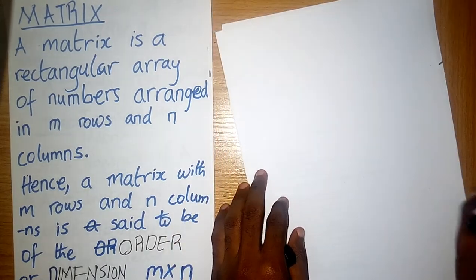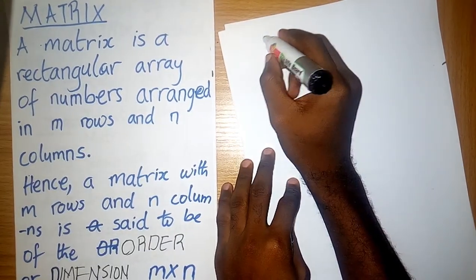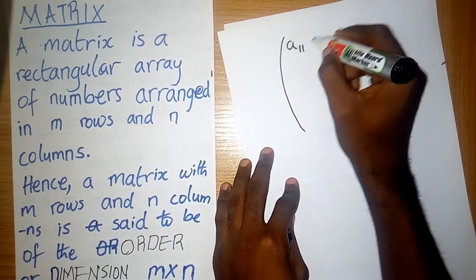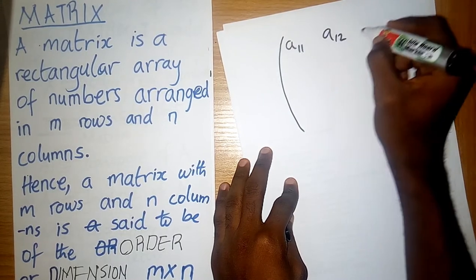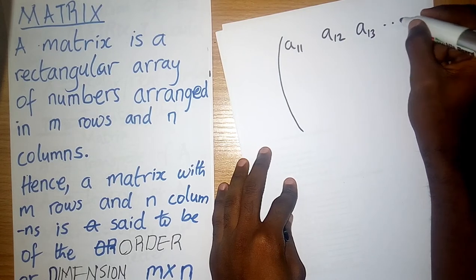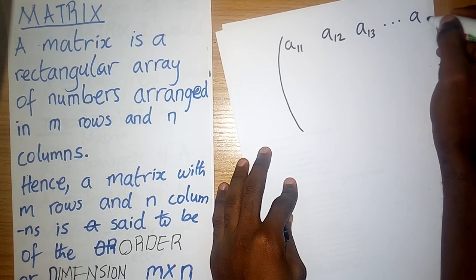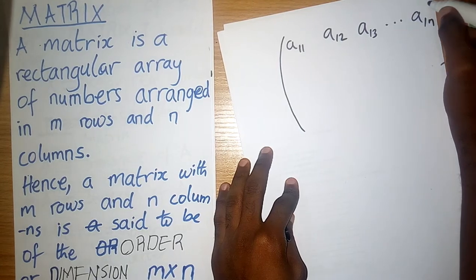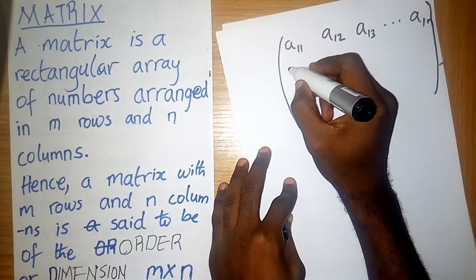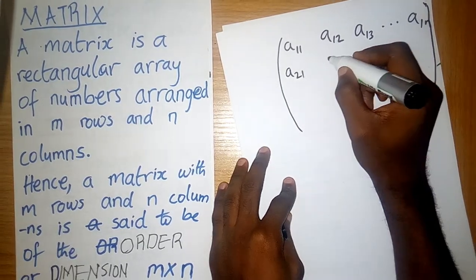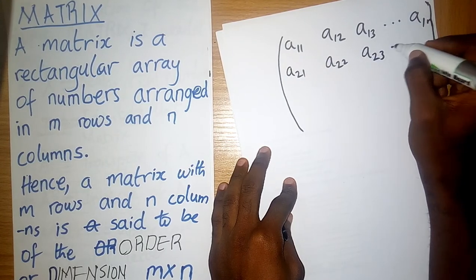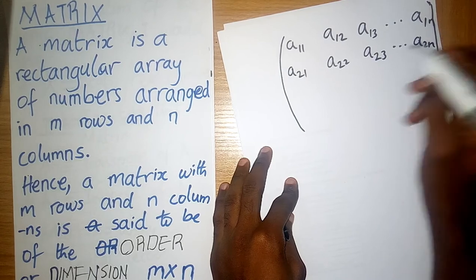If we have a11, a12, a13, up to a1n, here will be the close of the bracket. Then you have a21, a22, a23, up to a2n.